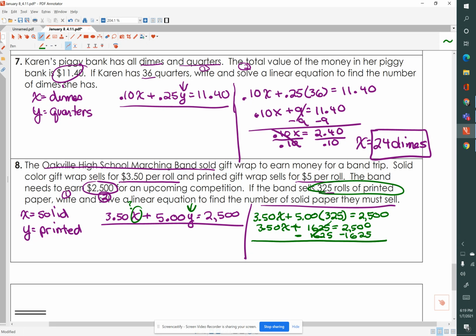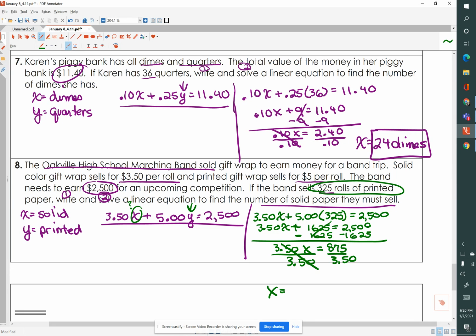So here this will cancel, and we will have 3.50x equals 875. Now we'll divide both sides by 3.50. And yes, you can let your calculator help you.